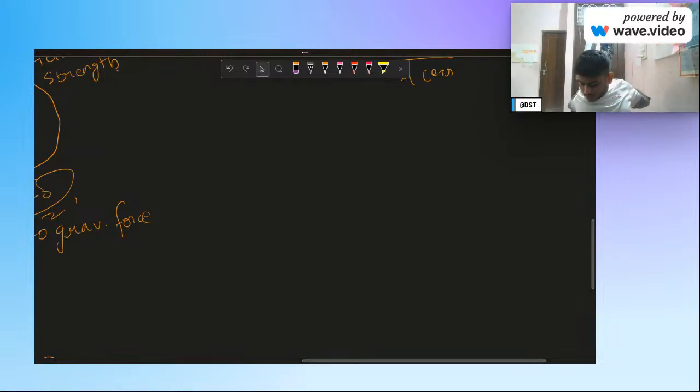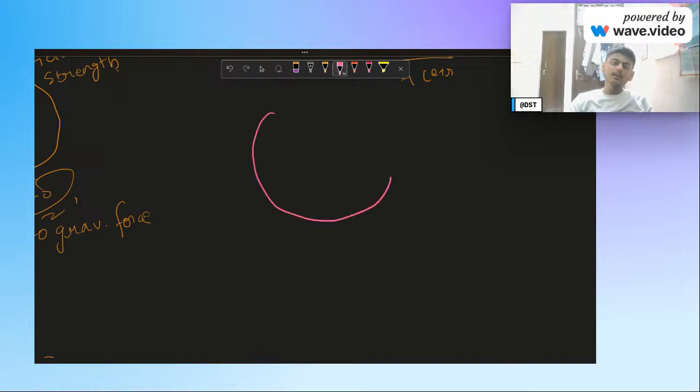So let us take the example of a ring. For a ring, on its center, the net gravitational field strength will be zero.